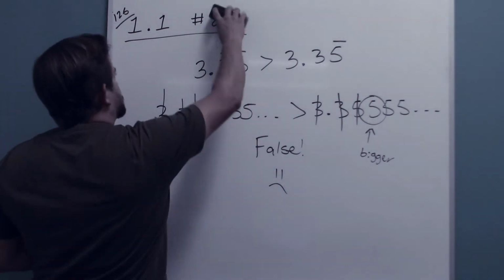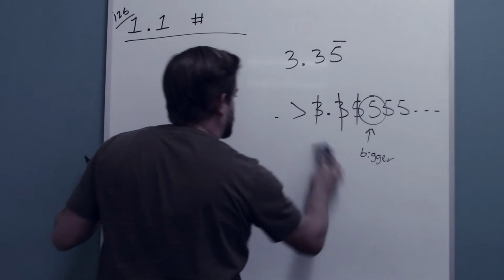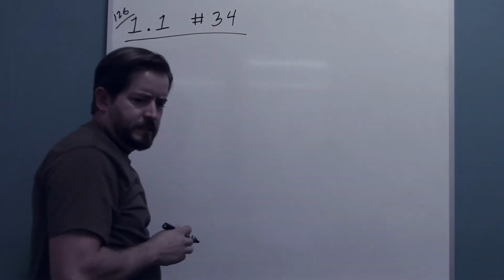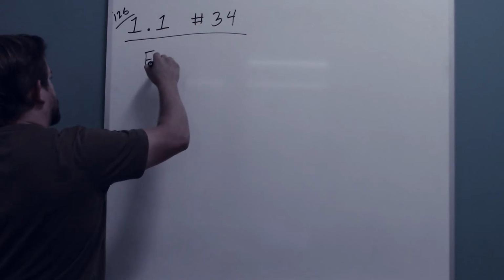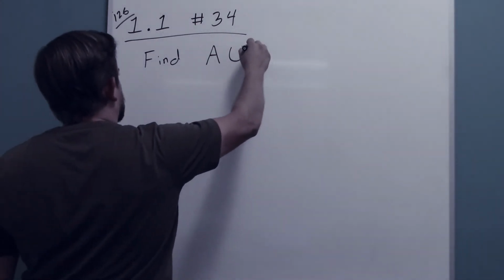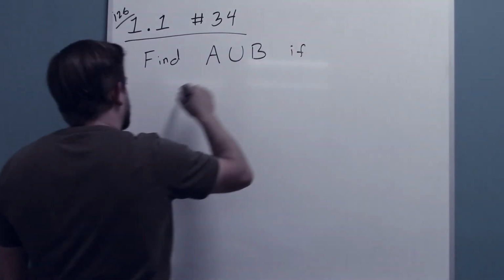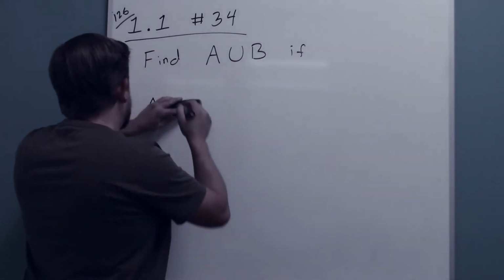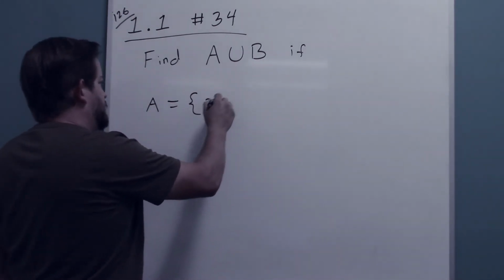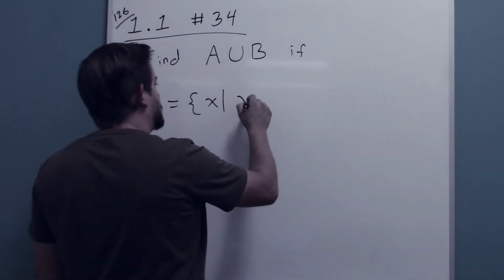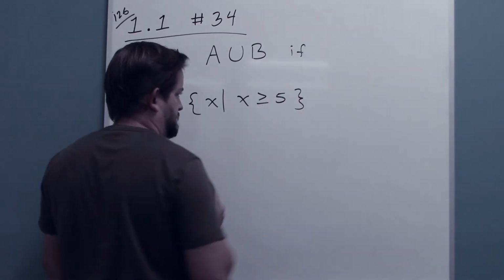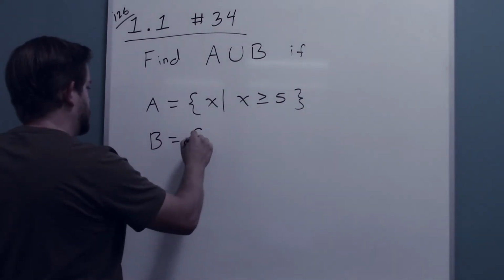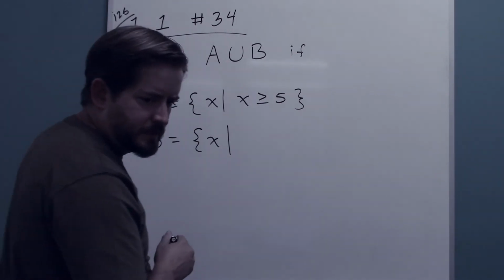All right, let's look at 34. 34 says find A union B, if A is the set of x values given that x is greater than or equal to 5, and B is the set of x values given that x is less than 20.